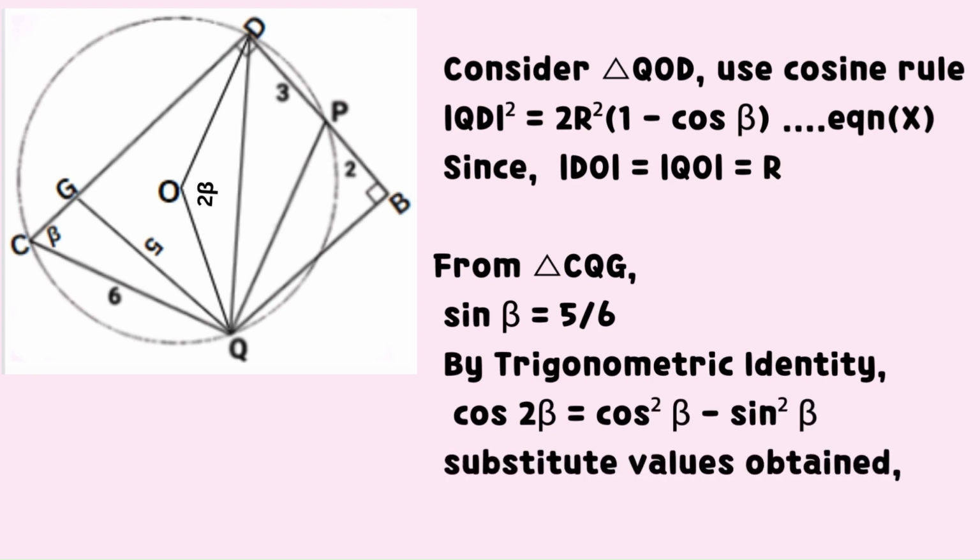From triangle CQG, sine beta equals 5 divided by 6. By trigonometric identity, cosine 2 beta equals the square of cosine beta minus the square of sine beta. Substitute values obtained.